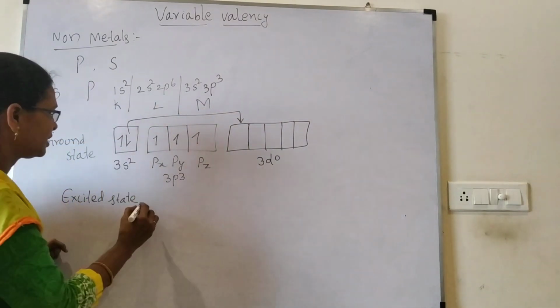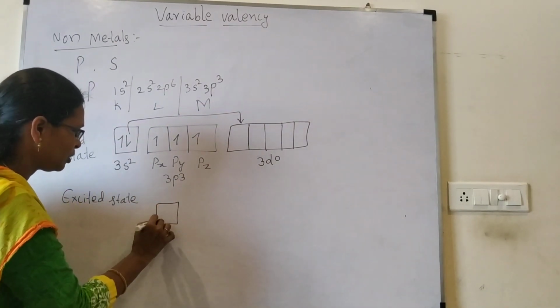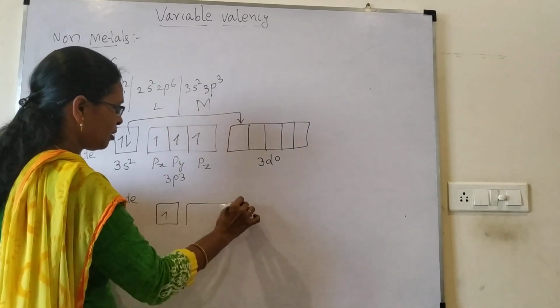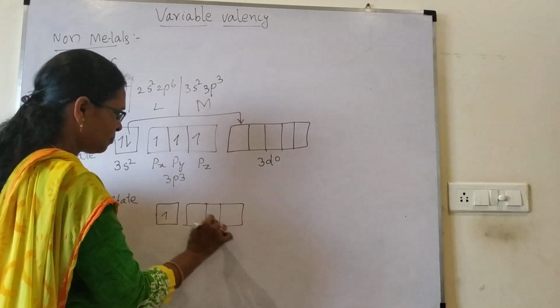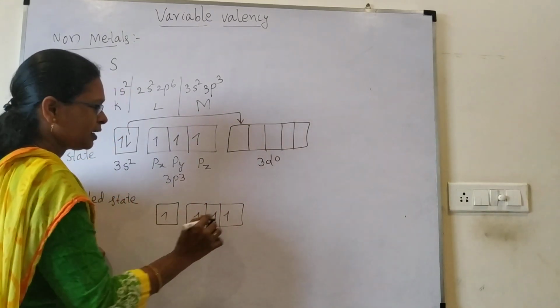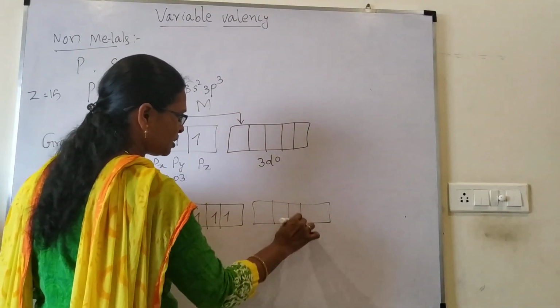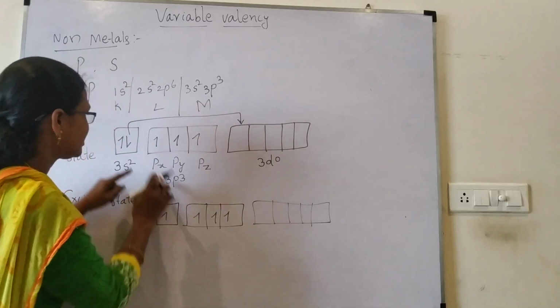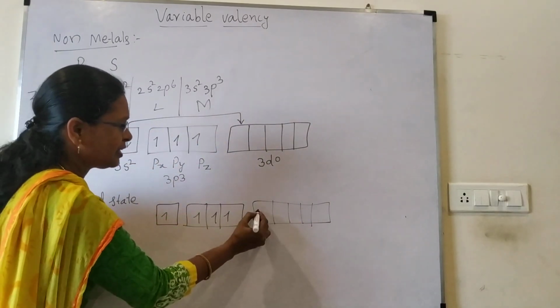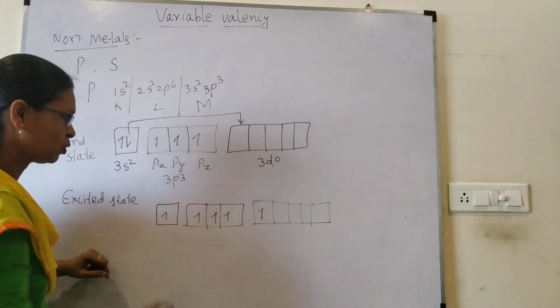Okay, so now we can write here. The s orbital has 1 electron, and the p orbitals already have 3: 1, 2, 3. Right? And in the d orbital, 1, 2, 3, 4, 5. So here the s orbital electron only will jump, so one electron will come here.